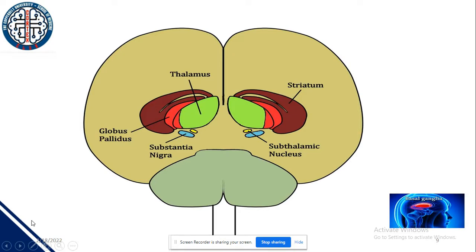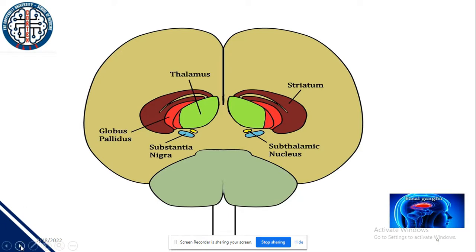Okay, so this is another view from the posterior aspect. You can see in green the thalamus, then in red we have the striatum. Remember we said the striatum comprises the caudate nucleus as well as the putamen. Then we also have the substantia nigra and the globus pallidus.